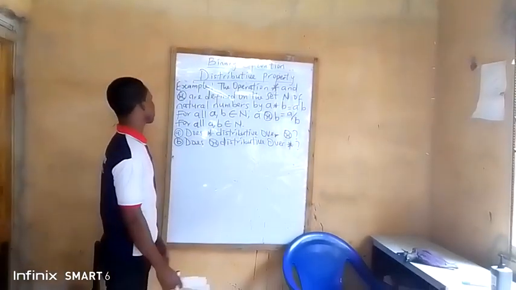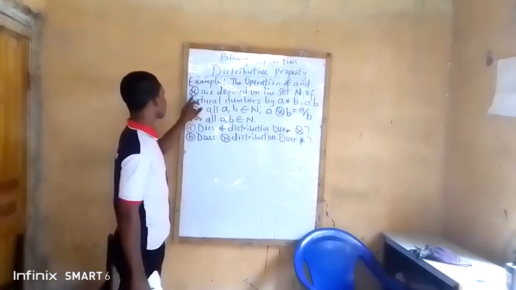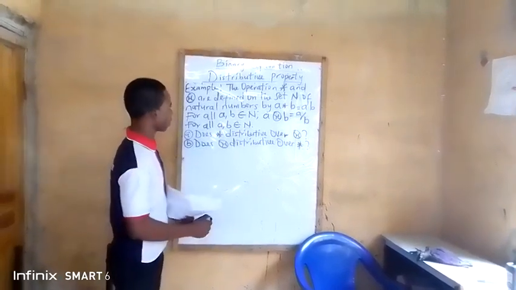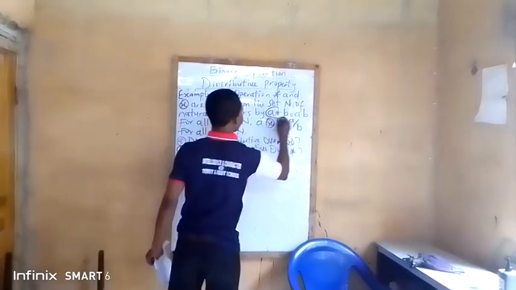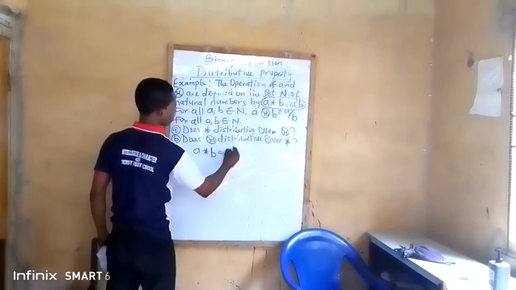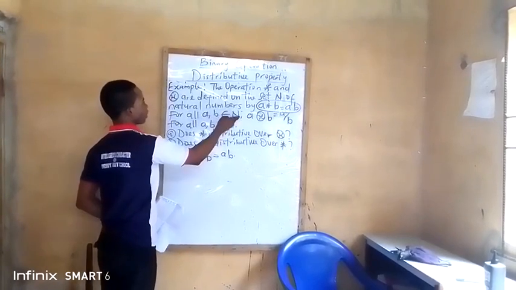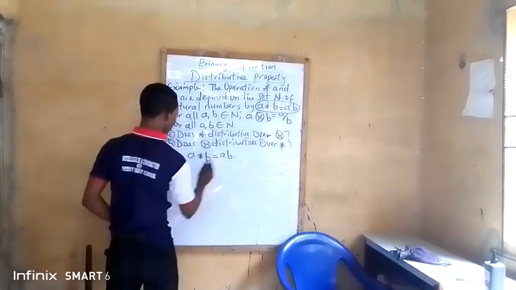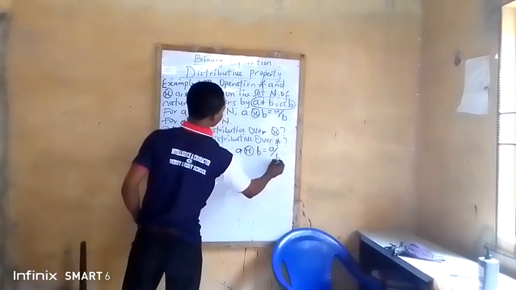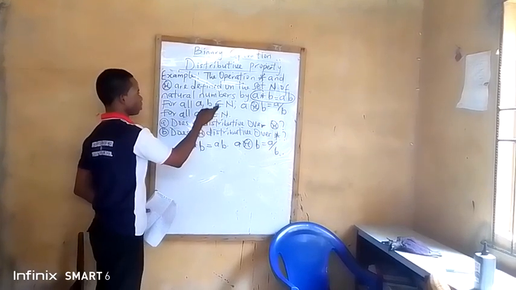The operations asterisk and circle are defined on the set N of natural numbers by a asterisk b equals ab, and a circle b equals a over b, for all a, b that are elements of N.